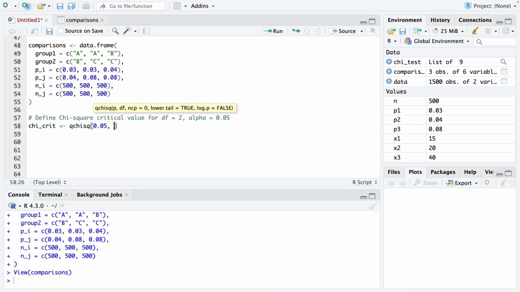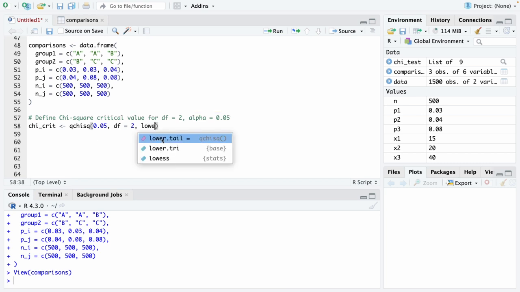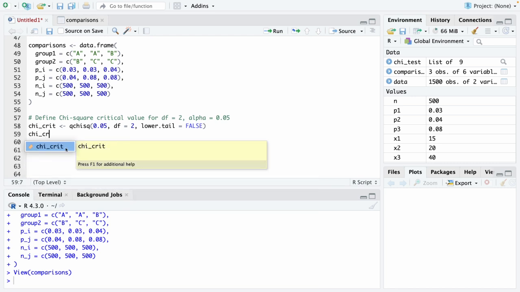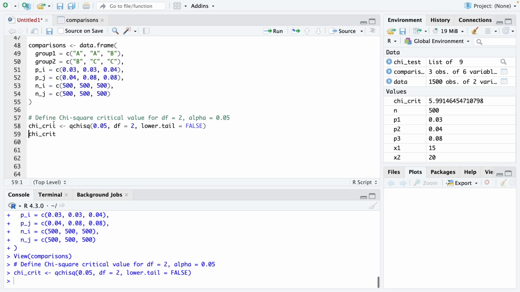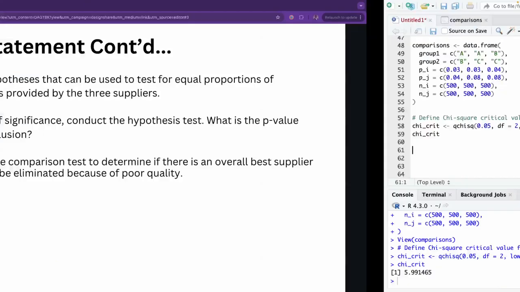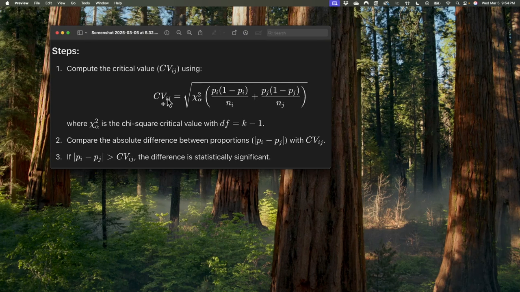So our alpha, which is 0.05, degree of freedom, which is 2, and then the lower tail, which will be false. If we run this, our chi-square critical is 5.99, right? So that is good. So let's now compute our critical value for ij. That's this one.